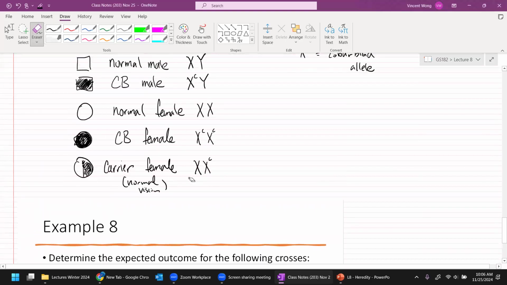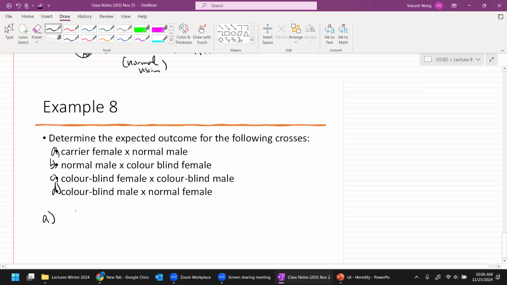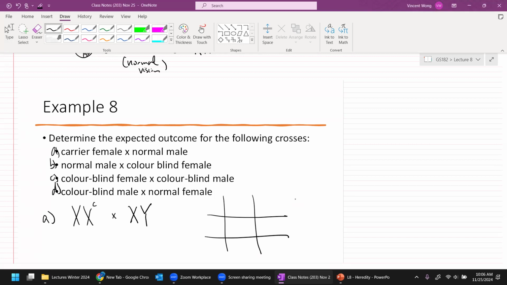Carrier female is one normal X, one colorblind X, and a normal male. So when the female forms her eggs, half the egg will carry the normal X, the other half will carry the XC, right? This is called law of segregation.